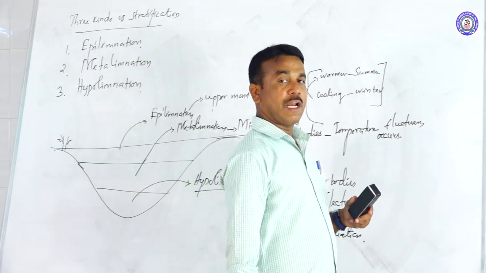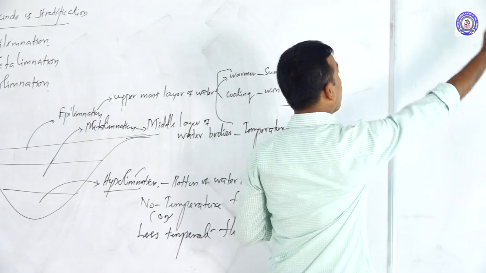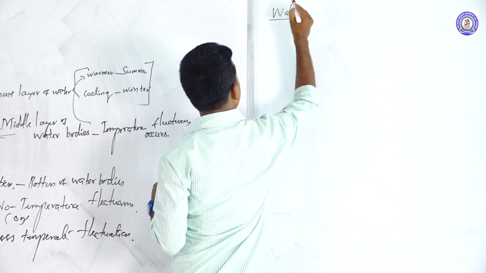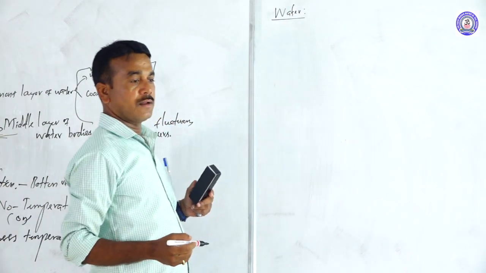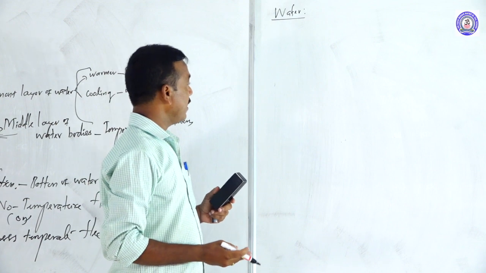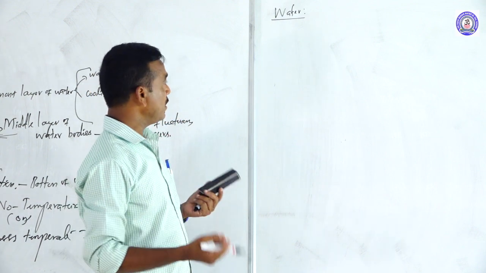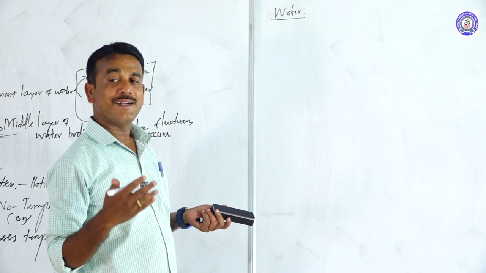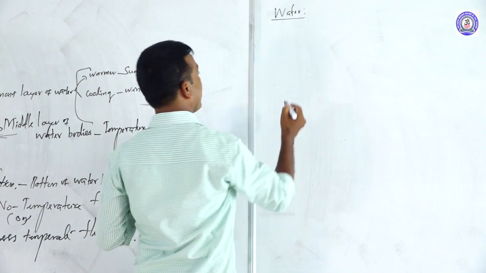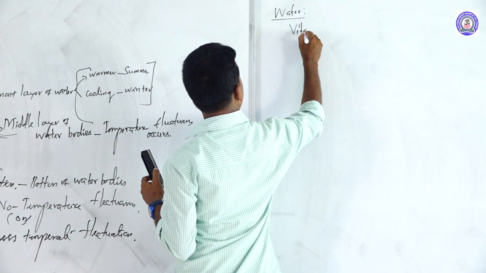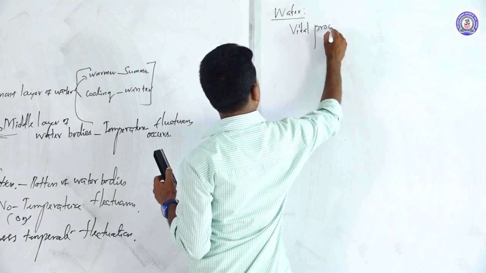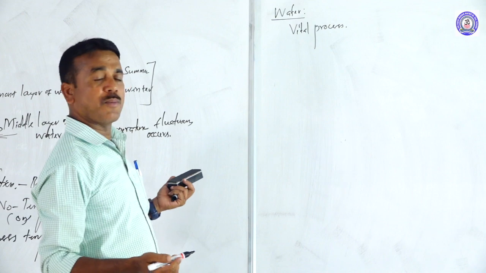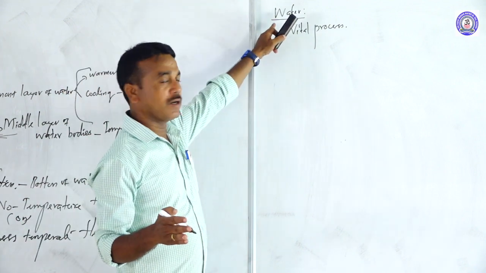The third climatic factor is water. Like temperature, water is also one of the prominent factors that affect many kinds of vital processes. Many processes are predominantly dependent on water.